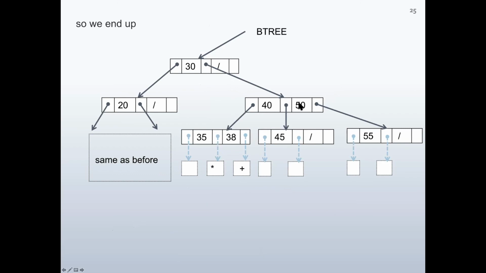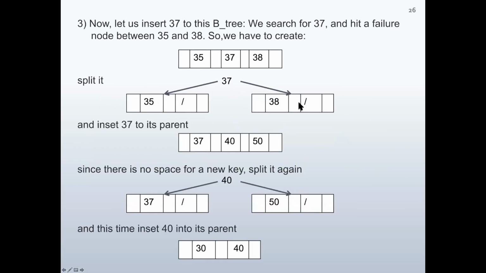Again, we will imagine as if there are 3 locations. So we assume that there are 3 fields to insert key values, and we will have 37, 40, and 50 in the node that we imagine. And then we take the middle key up and split this node into 2 parts.